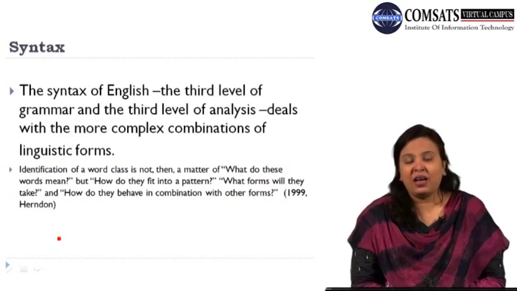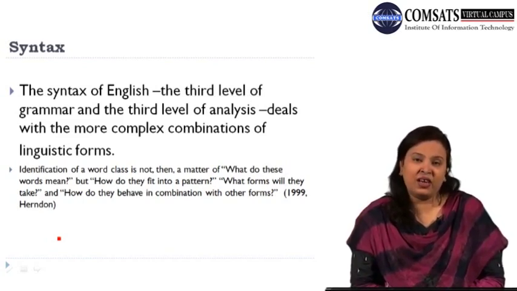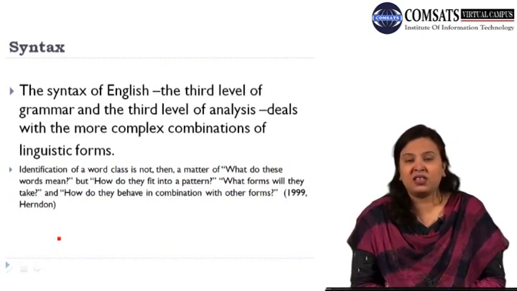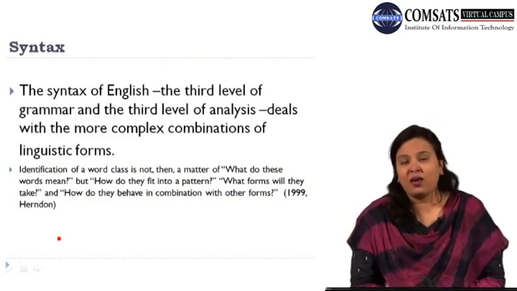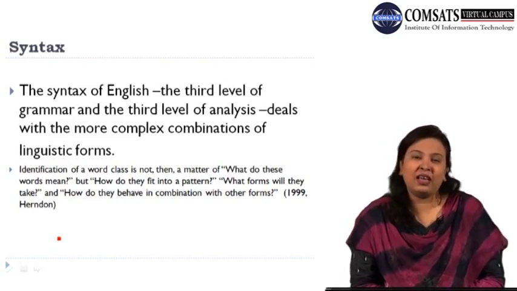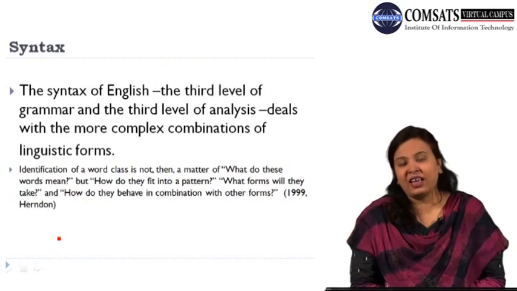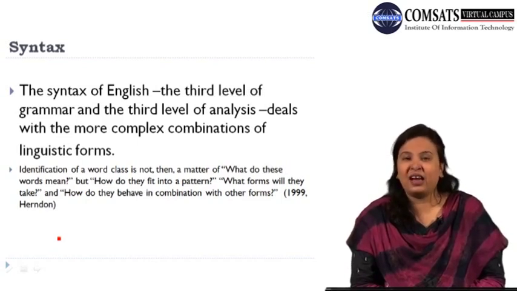For example, I know that in negative sentences for the present indefinite tense, if the subject is singular, then we have to use does, and when we use does, we have to remove the s from the verb: he does not like mangoes, so does and like.